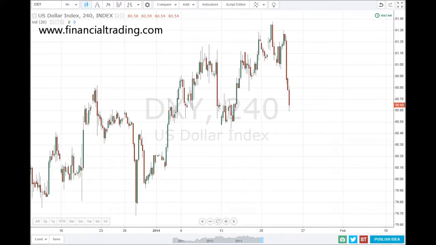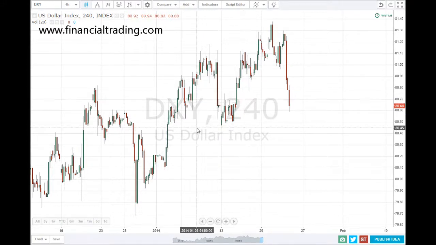Now, because every country is not the same size, it's only fair that each currency from the 6 currencies used is given an appropriate weight to this index.